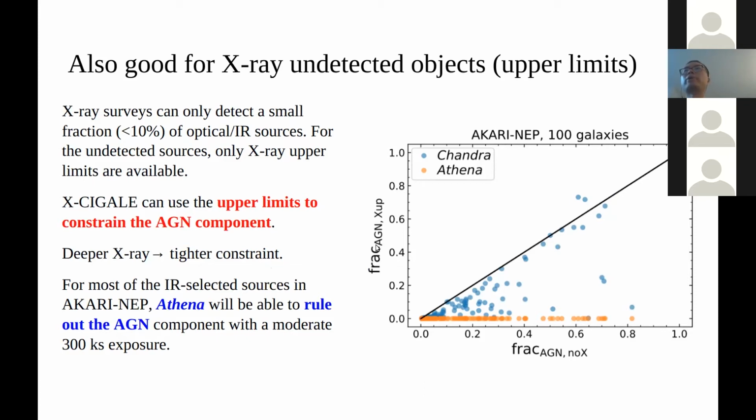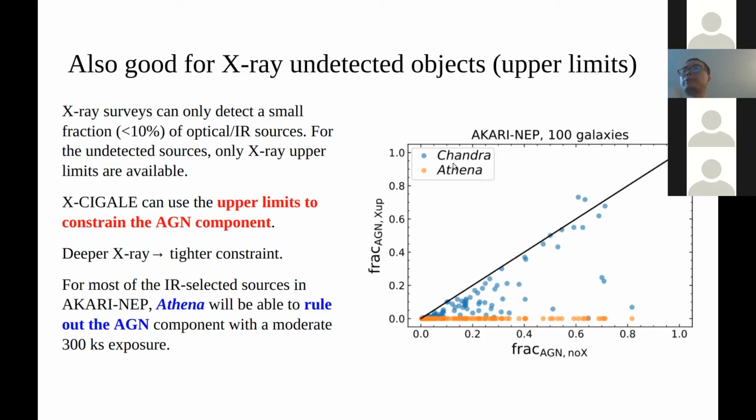For example, here we compare the frac AGN, which is the AGN fractional luminosity in terms of total infrared. If you apply the current Chandra upper limits, you'll find it is sometimes a little bit useful, but for most cases it only affects things a little bit.